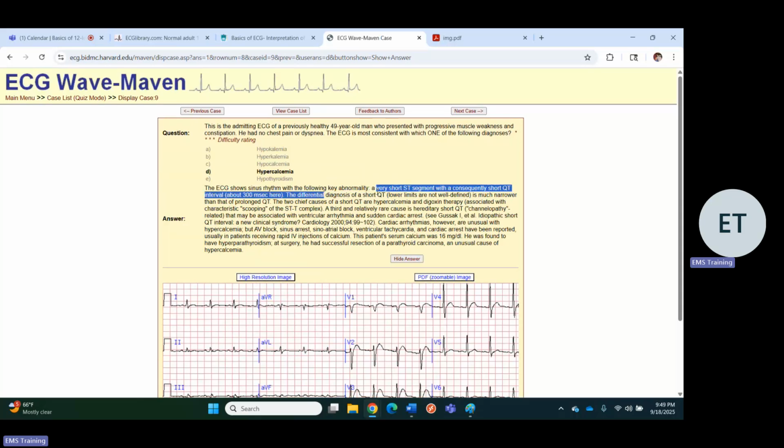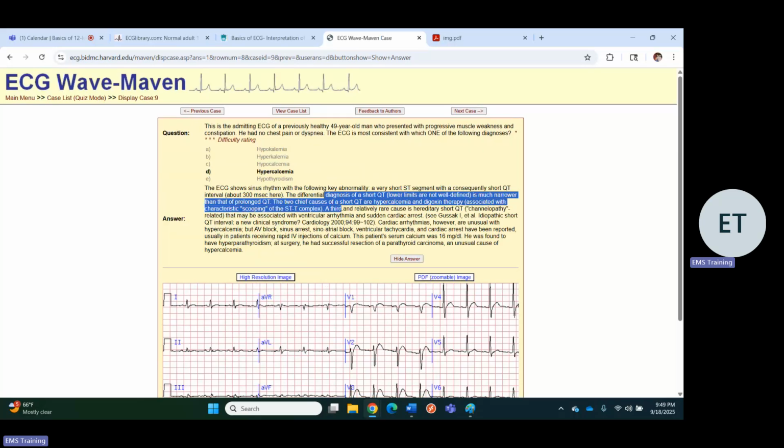Differential diagnosis of a short QT, lower limits are not well defined, is much narrower than a prolonged. The two chief causes are hypercalcemia and digoxin therapy associated with the characteristic scooping of the ST-T complex. A third and relatively rare cause is hereditary short QT or channelopathy that may be associated with ventricular arrhythmia and sudden cardiac death.